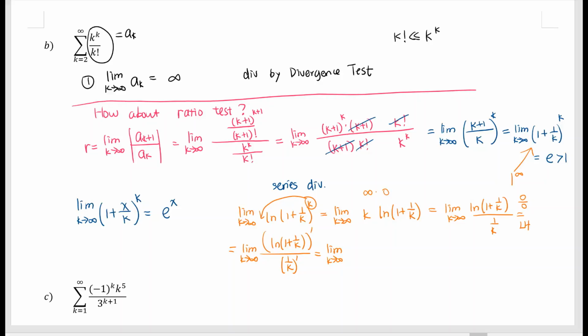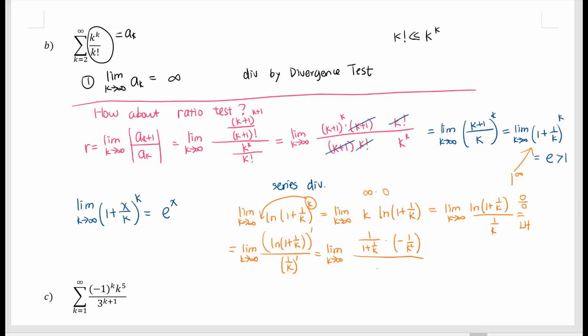So derivative of ln of u is 1 over u times u prime. But derivative of 1 is 0. Derivative of 1 over k is minus, right? 1 over k is like k to the minus 1. So we have minus 1, k to the negative 2. So that's minus 1 over k squared.